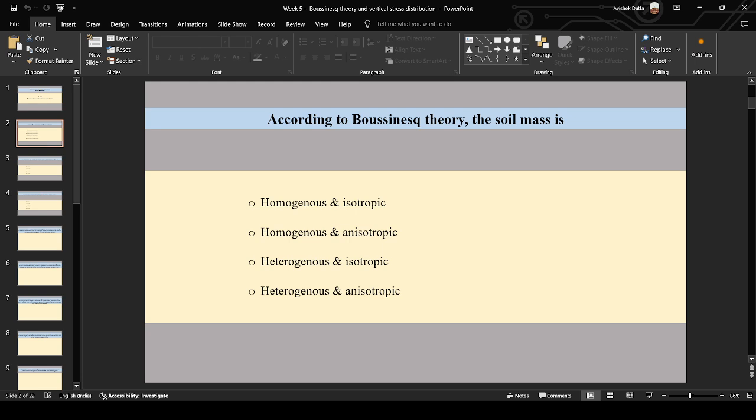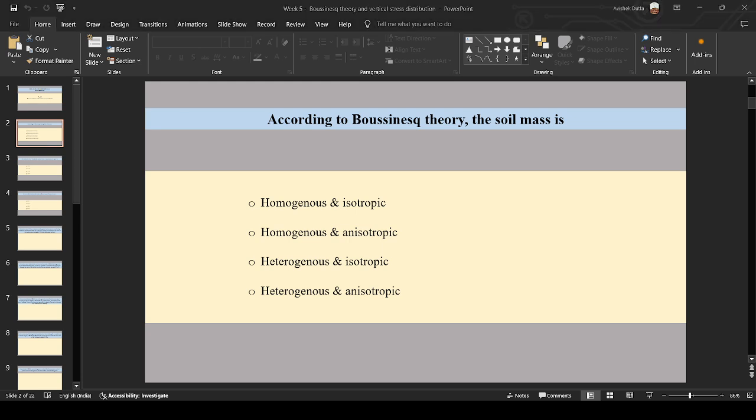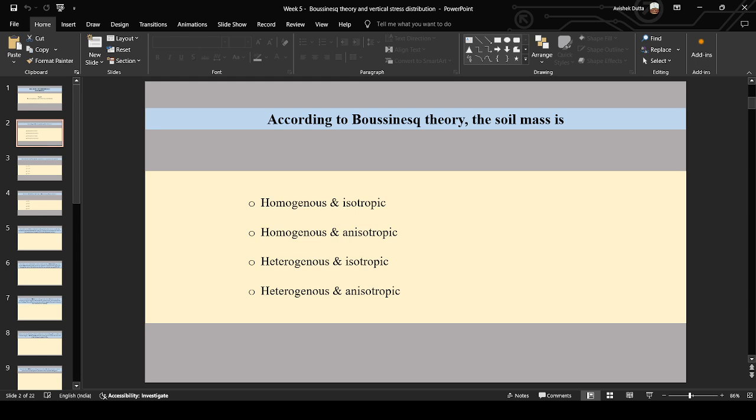You have to mention what Boussinesq theory assumes about the properties of the soil. Does it assume the soil to be homogeneous or heterogeneous, or does it assume the soil to be isotropic or anisotropic?